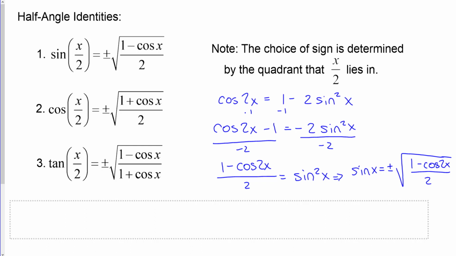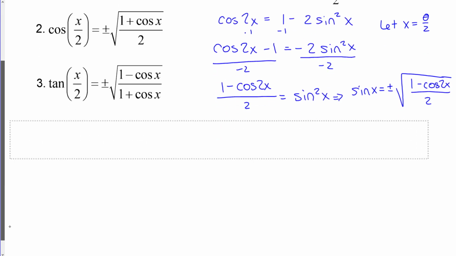which you may not think looks exactly right. This is the sine of x and not the sine of x over 2. Well, what you can do is let x equal theta over 2. I'm kind of out of space here, so I'll go down a little bit further.